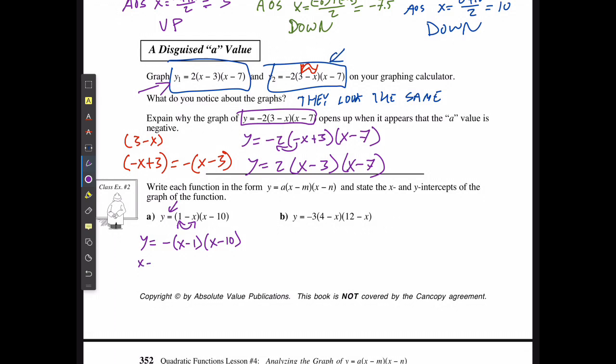The x-intercepts are actually going to be 1 and 10, and the y-intercept is going to be -1 times 1 times 10, or -10.